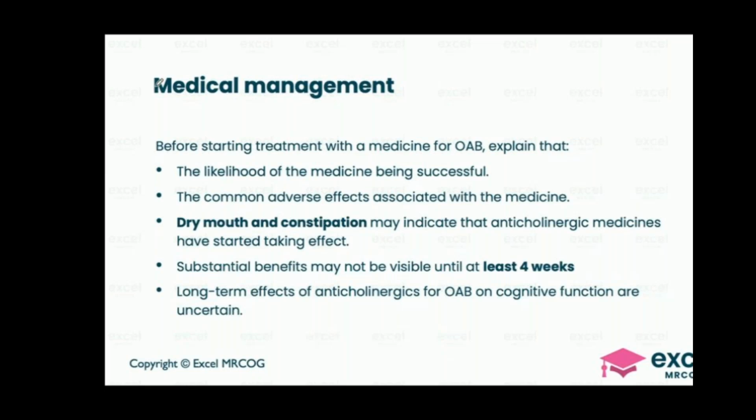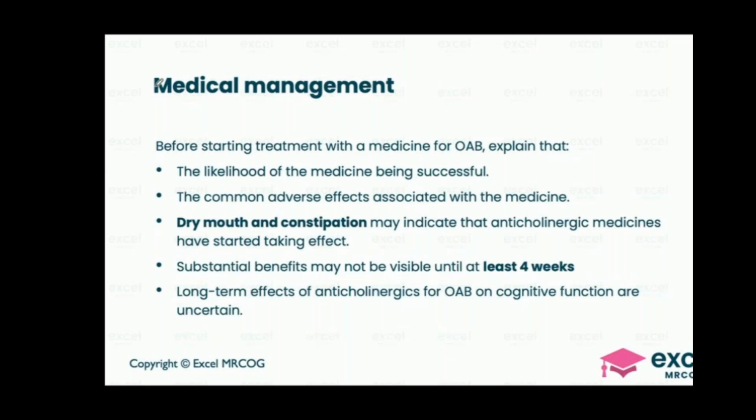But for OAB, medical management is considered one of the first treatment options if your bladder training does not work. So you have done bladder training, but it has not worked, then you will consider the medical management.